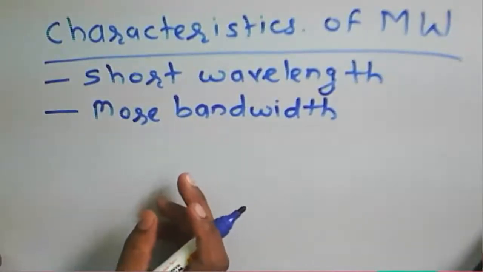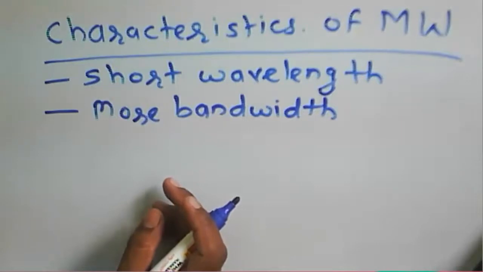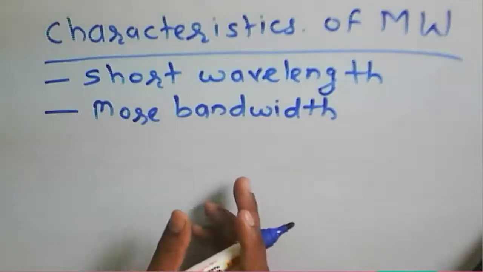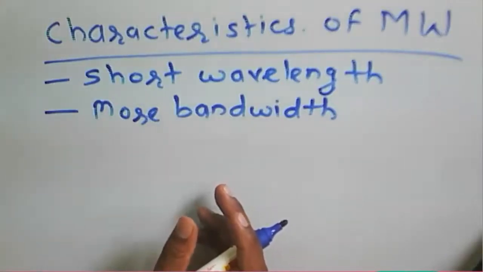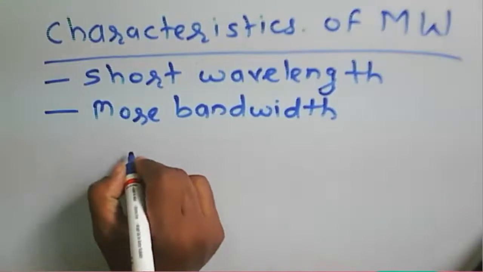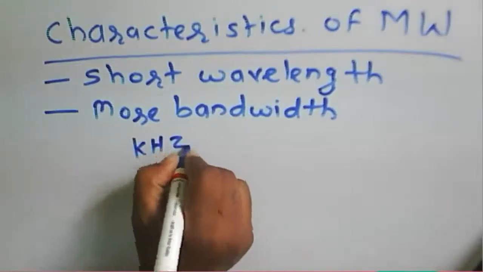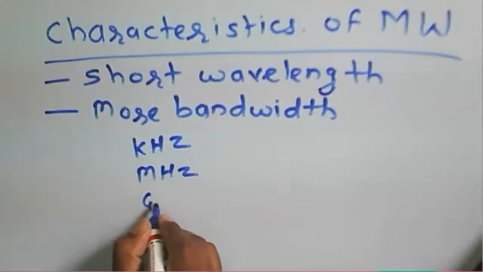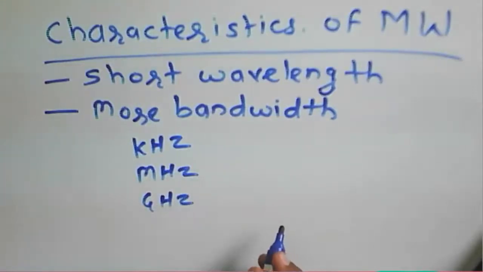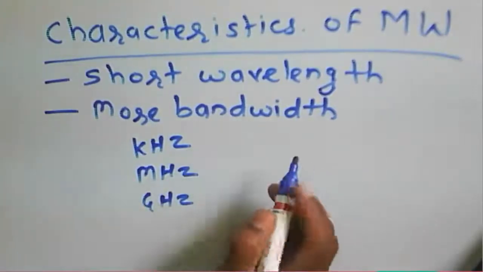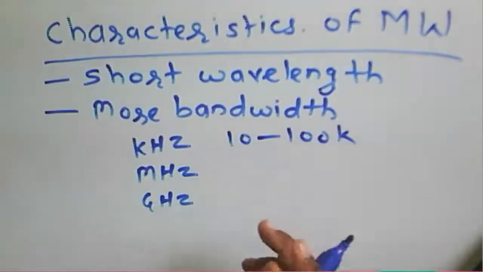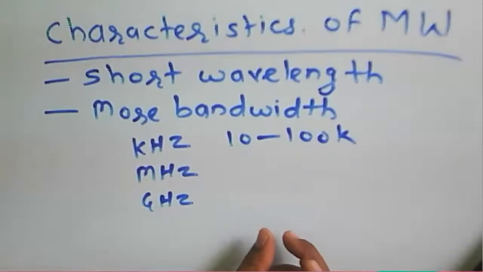Since the frequency is in gigahertz, the bandwidth for this particular operation in the microwave frequency region is large. Simply, if you are working in kilohertz, or in megahertz, or in gigahertz, suppose it is in the kilohertz frequency, say 10 to 100K. So that is about the band.